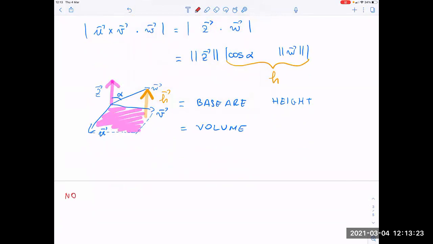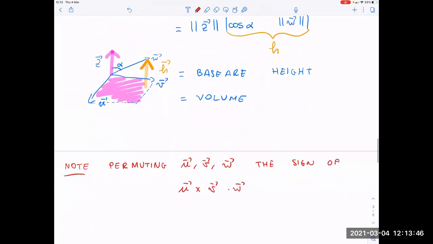Just a quick note. Let me write permuting U, V, and W, the sign of U cross V dot W can change.